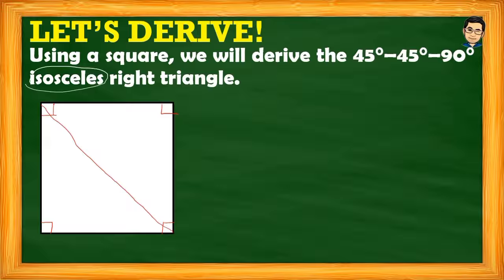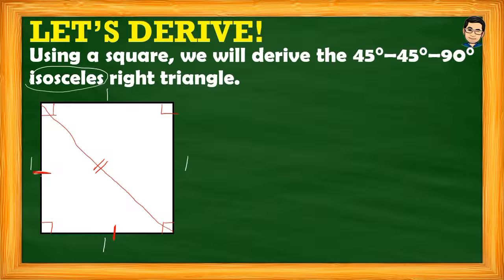So, hinati natin yung square sa dalawa, na na-form yung dalawang isosceles right triangle. And then, yung sukat ng lahat ng sides ng square ay 1. Okay, ibig sabihin, kung ito leg siya, ito leg. Ito leg. Ayan, ito din leg. Kaya pareho silang 1.